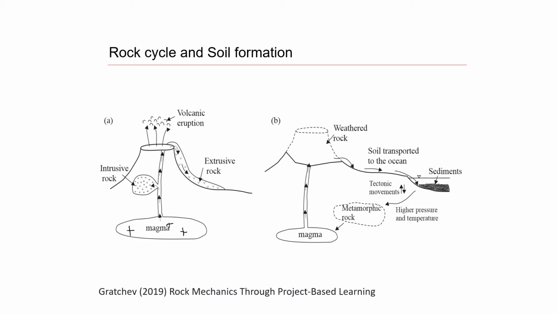Then magma will go all the way up to the surface, and it can erupt, or it can form intrusive rocks inside the ground. Intrusive rocks are something like granite, while extrusive rocks, when we have magma eruption, are something like basalt. These rocks will form mountains, and over time these mountains will be weathered.